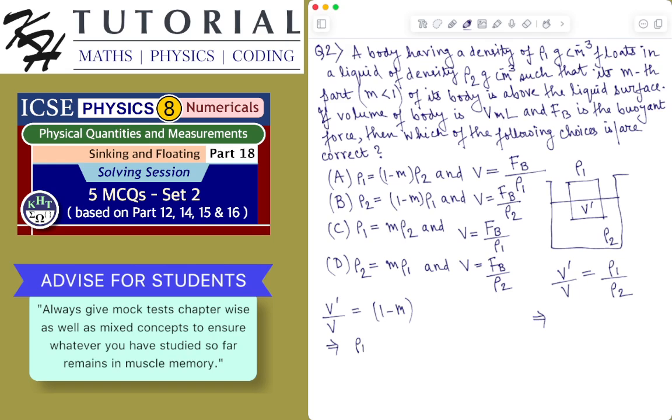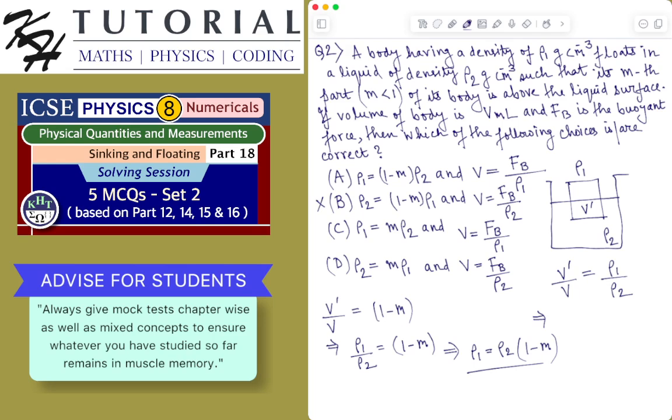So I have rho 1 by rho 2 is equal to 1 minus m, and this implies that rho 1 is equal to rho 2 into 1 minus m. So from this fact, clearly I can reject choice B, because in choice B it is given rho 2 is equal to 1 minus m rho 1. I can reject choice B.